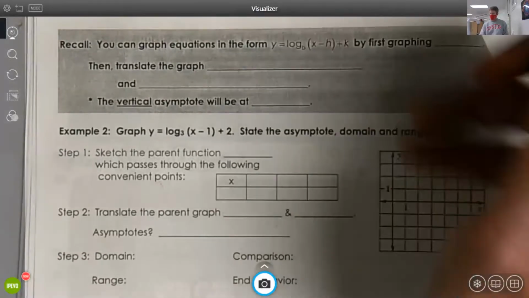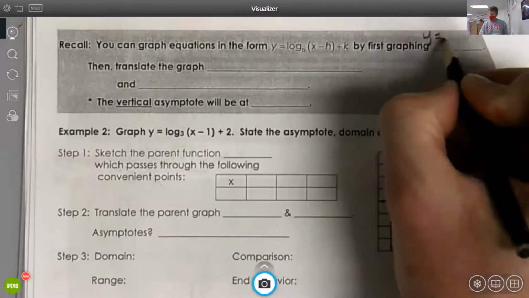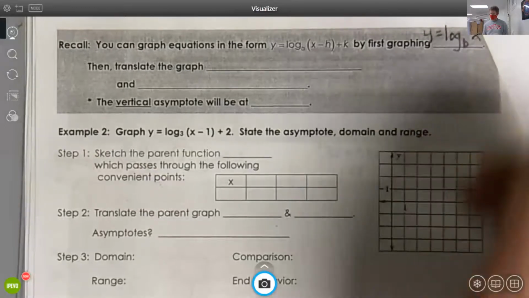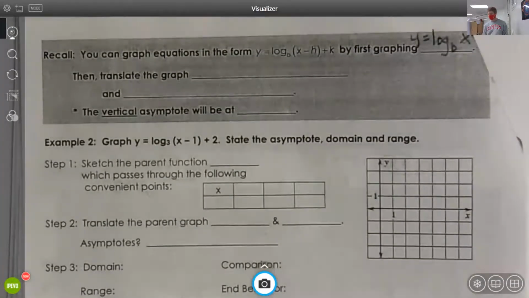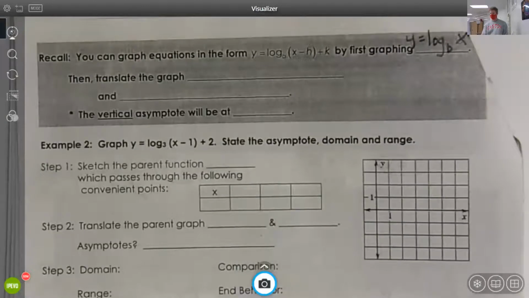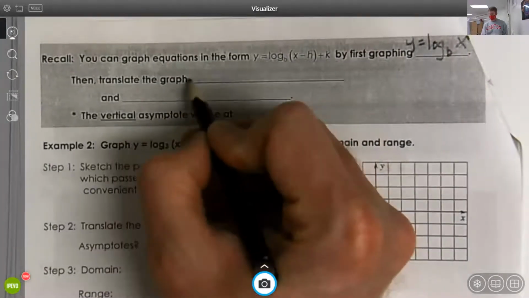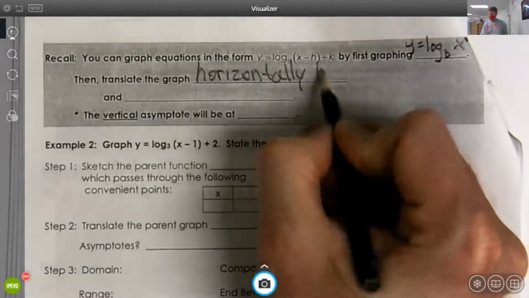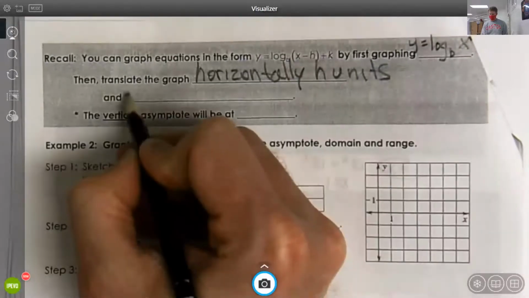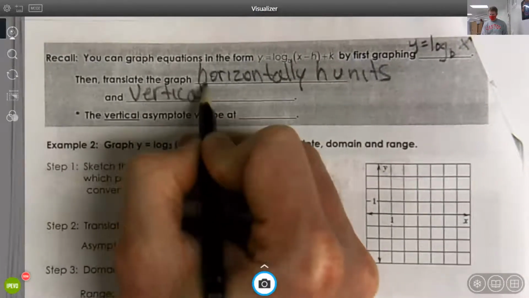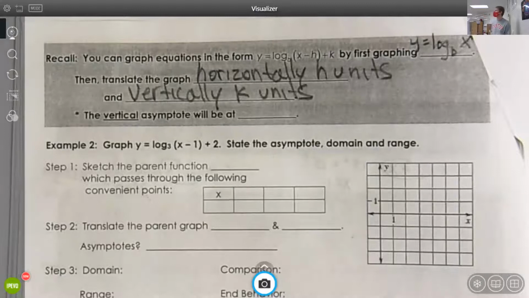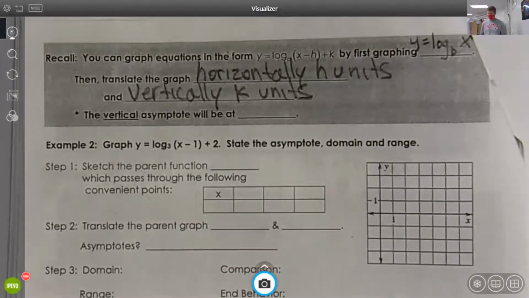By first graphing y equals log base b of x, and then we're going to translate the graph horizontally h units, and vertically k units. Just as we have for all the different types of equations.